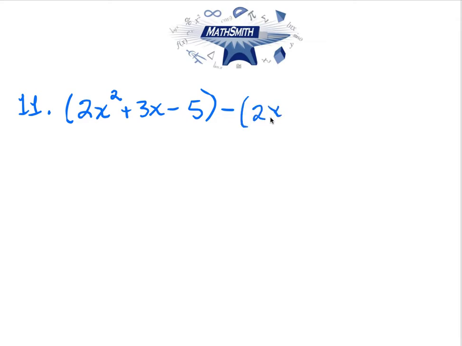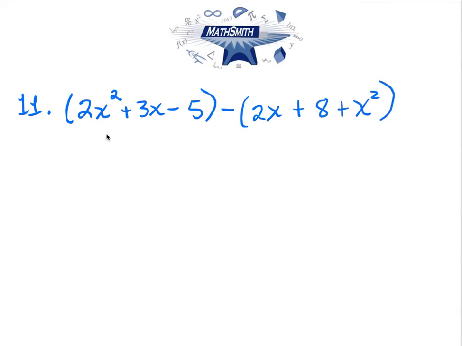All right, so checkpoint number 11 is this, 11. I have 2x squared plus 3x minus 5 minus the quantity 2x plus 8 plus x squared.